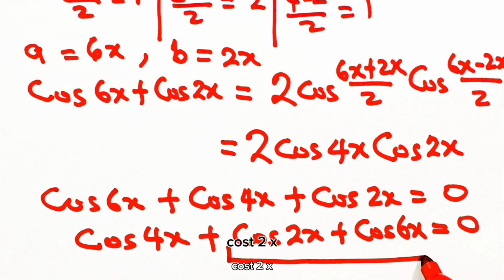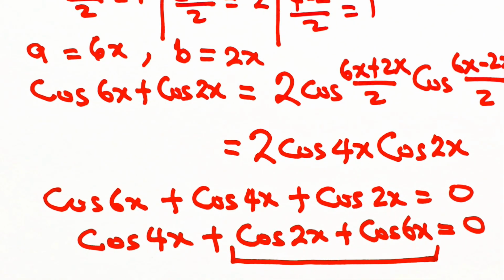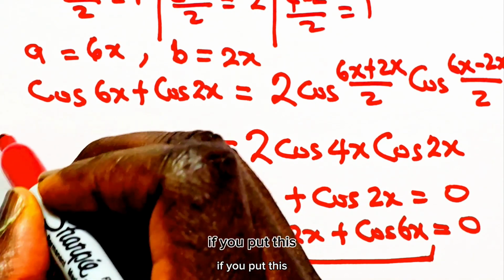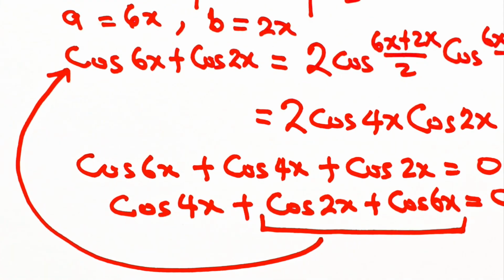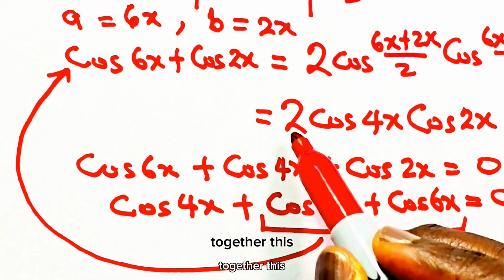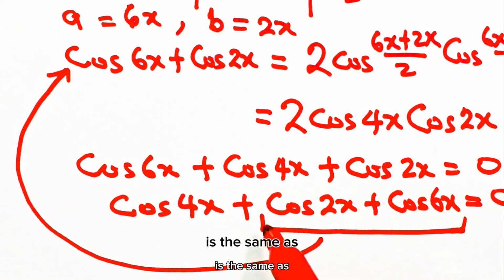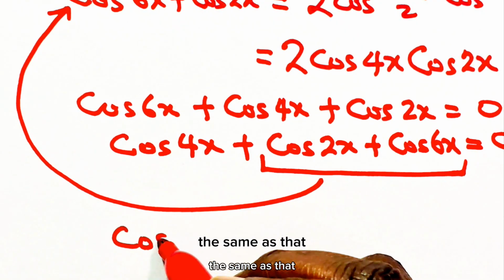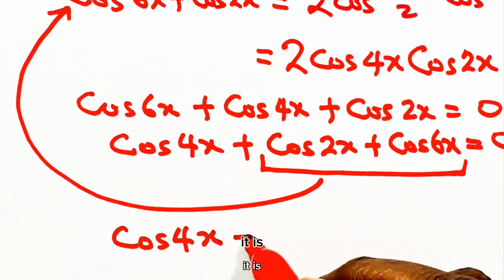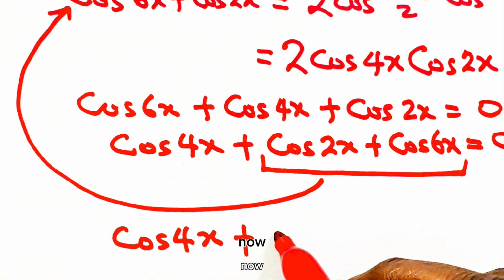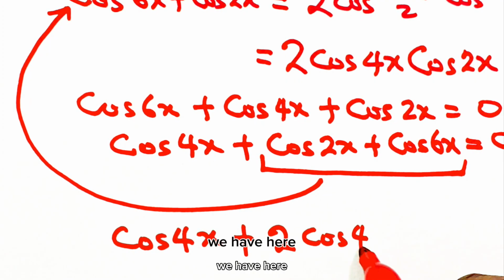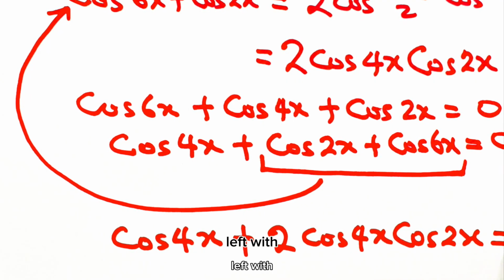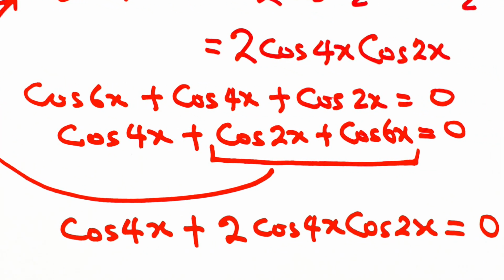So if you put this together, this is the same as this. Now, if we put what we have here into here, we're going to be left with cos 4x plus everything here, 2 cos 4x cos 2x equal 0.